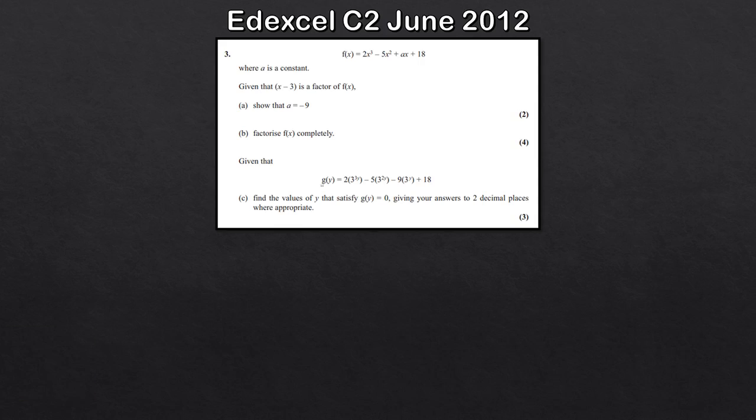So what we've just essentially shown there is that x minus 3 is a factor of f of x. So what we've got then is x minus 3 times some quadratic here is equal to 2x cubed minus 5x squared, plus, so that's ax, so that's going to be minus 9x there, sorry, and then plus 18, okay?